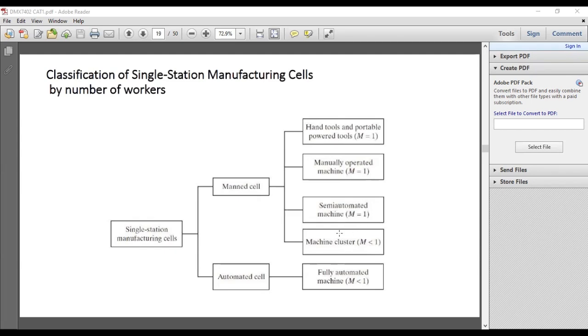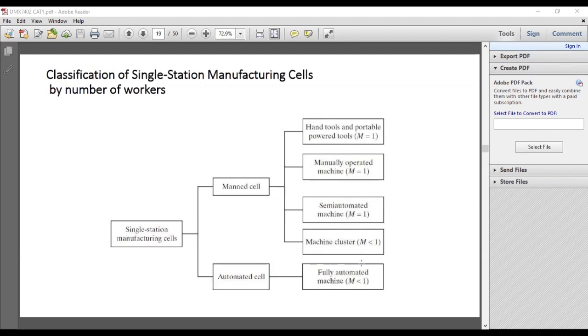If it's a machine cluster, that means sometimes material handling, like heavy tools or workpieces, needs more people, but this is the base definition.